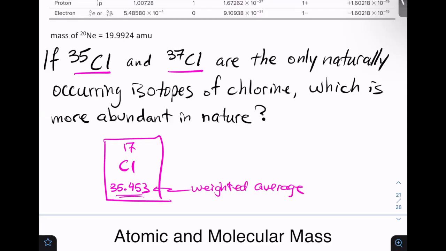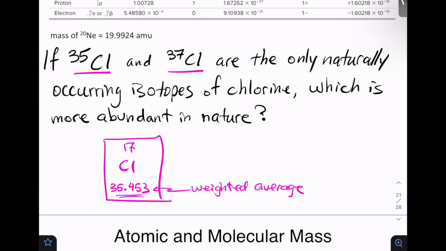So if the only two isotopes were Cl-35 and Cl-37, we would expect that the one that's most abundant is going to contribute most to the weighted average. And the weighted average here is closer to 35 than it is to 37. Therefore, chlorine-35 must be the most abundant.